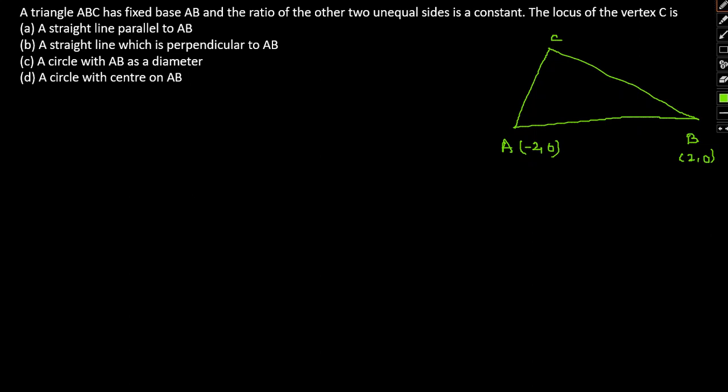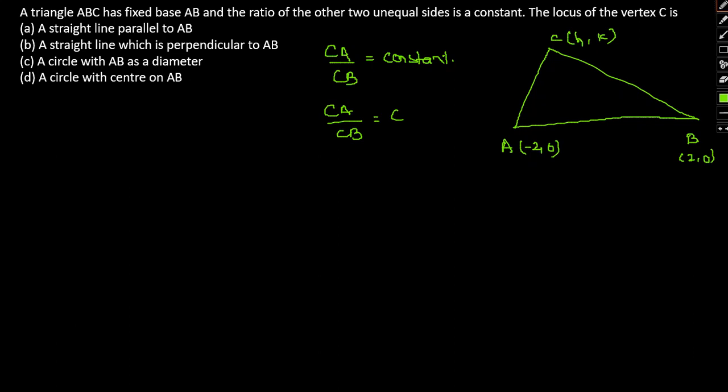And now let me take the locus, the coordinate of the point C, say h, k. Here it is given that the ratio of two unequal sides, that is CA by CB, is constant. So it is given CA by CB equal to constant, or CA by CB equal to c.